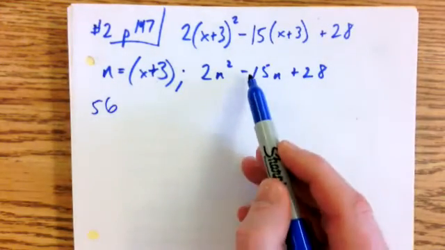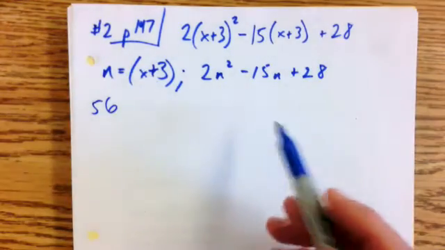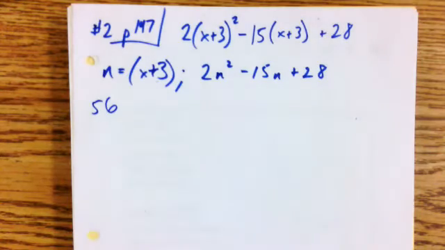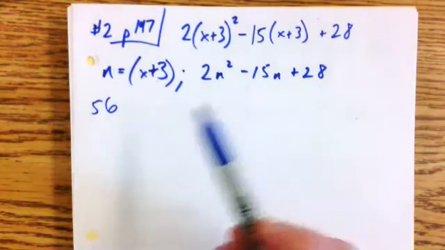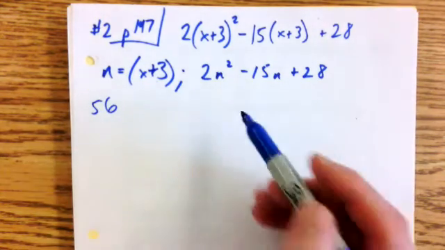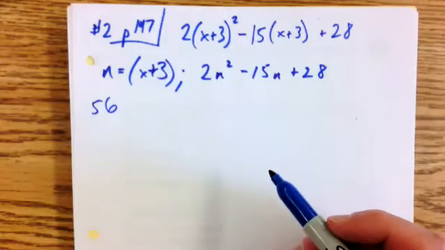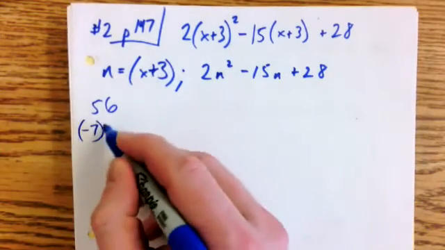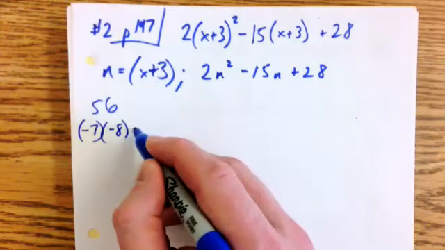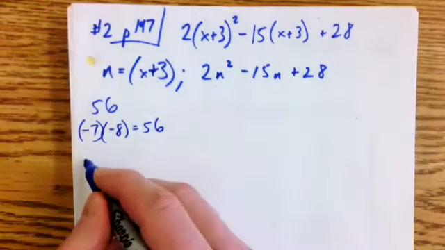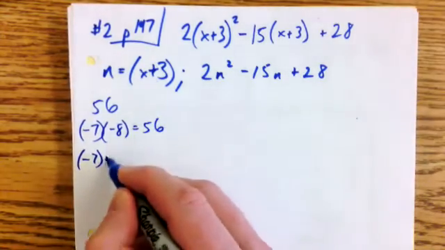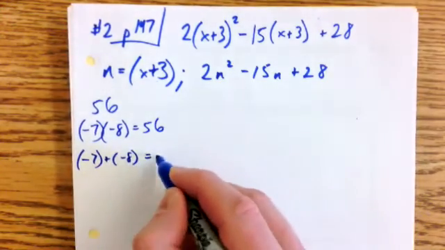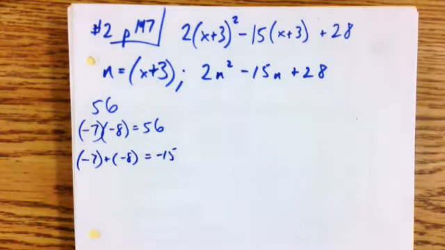Now, if you remember, a negative and a positive means both signs in the brackets will be negative when you factor. And so the factors of 56 will both be negative and add up to negative 15. So off the top of my head, negative 7 times negative 8 equals positive 56. And negative 7 plus negative 8 equals negative 15.